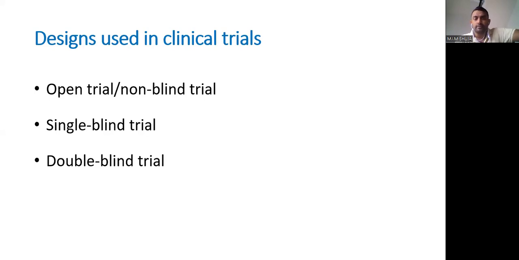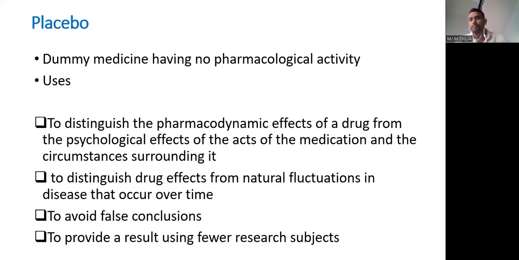Designs used in clinical trials are open trials, single blind, and double blind. What is a placebo? It's a dummy medicine. You can go through its uses.